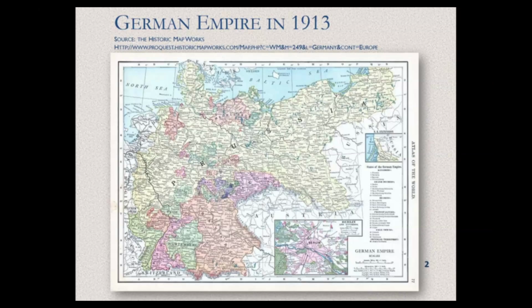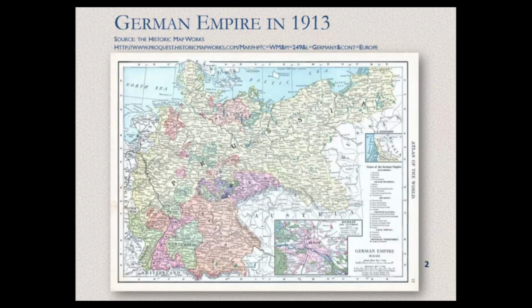Your ancestor might have come to the US from Prussia, P-R-U-S-S-I-A. In German, it would be pronounced Preußen. Some states inside of Germany were never part of Prussia.